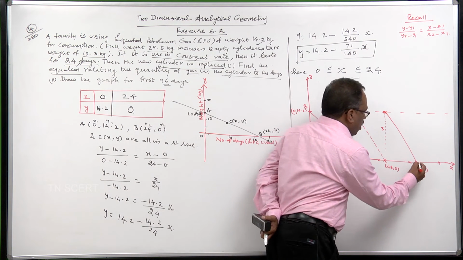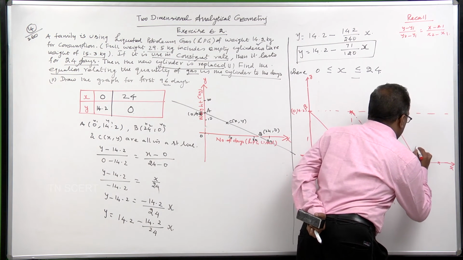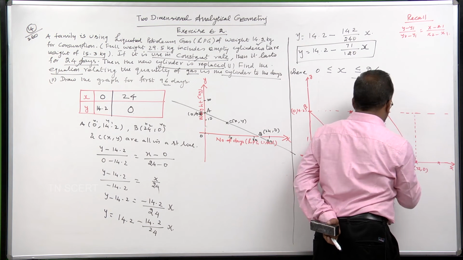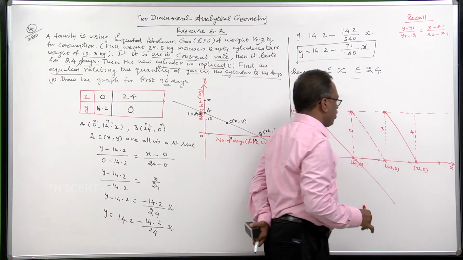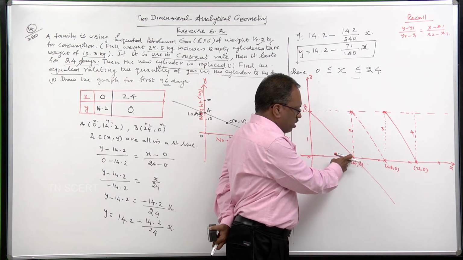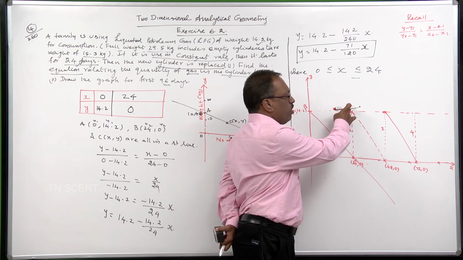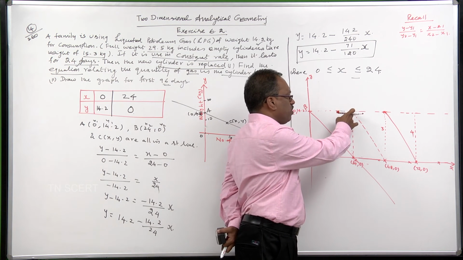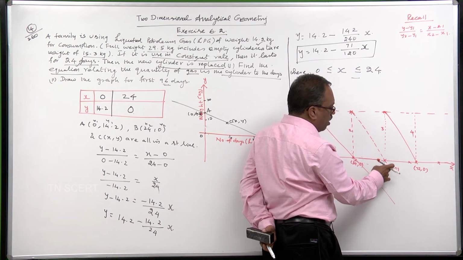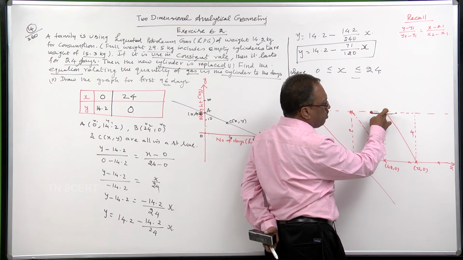So the third cylinder once again, so now it is a fourth cylinder. So first cylinder we have taken on the first, on the 24th day we have taken the second cylinder. On the 48th day we have opened the third cylinder.